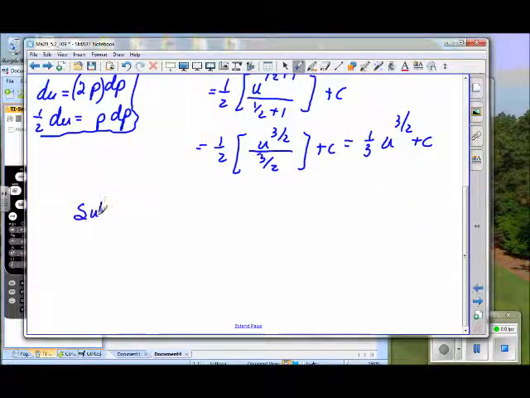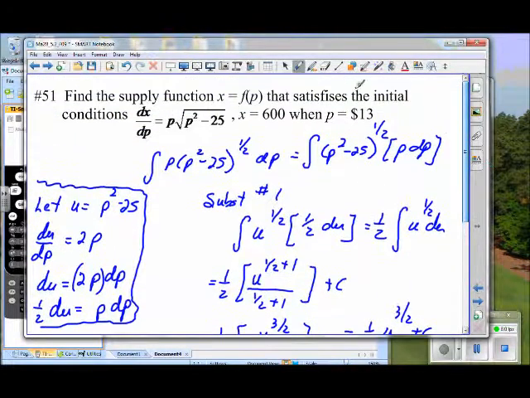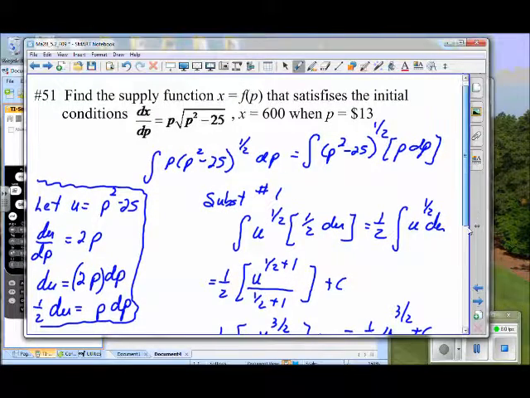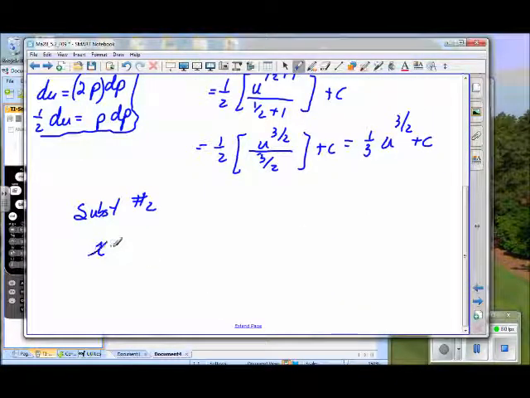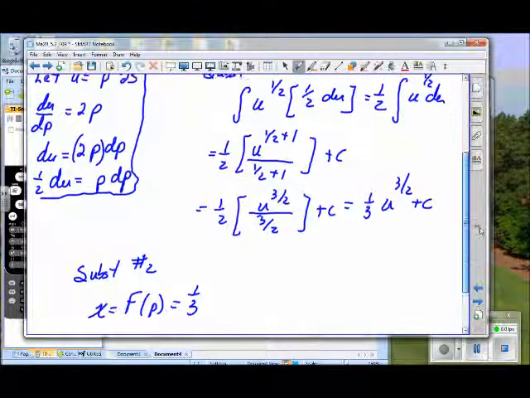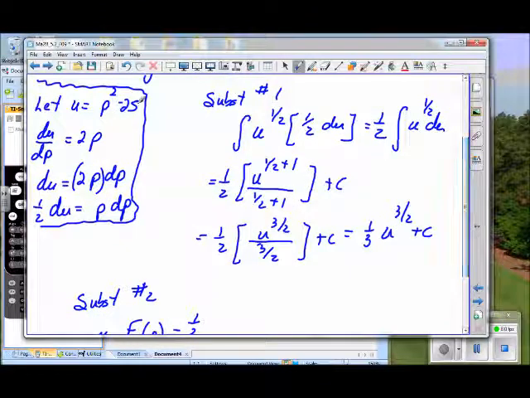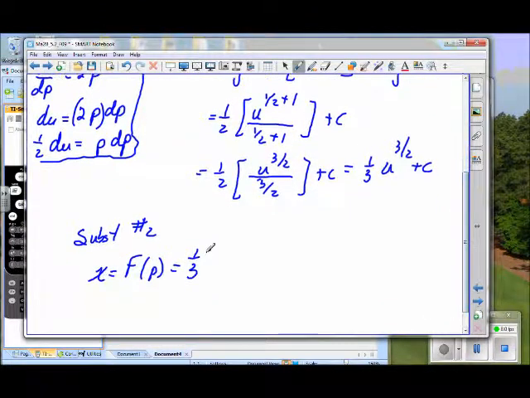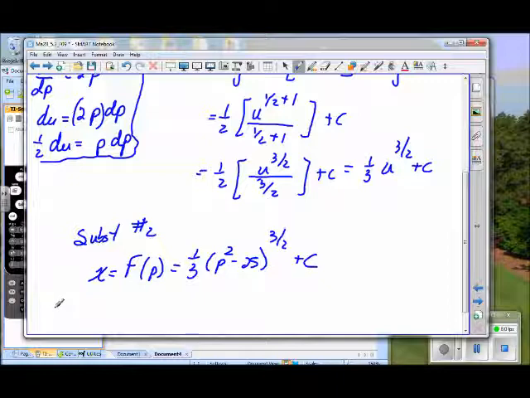So I do my second substitution, and I have then, let's go back up and look how we're writing this, x equals f of p. So x equals f of p is going to be then 1/3, and let's go back up and check. u is the same as p squared minus 25. So this would be p squared minus 25 to the 3/2 plus c.